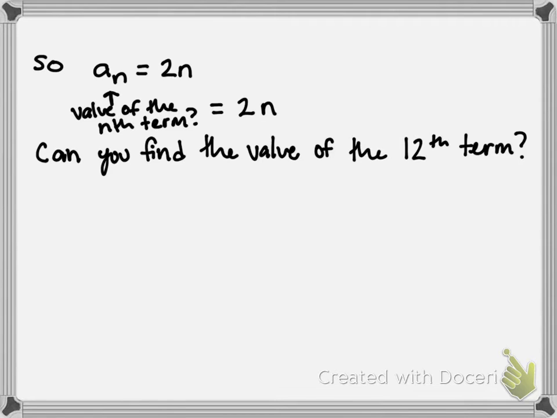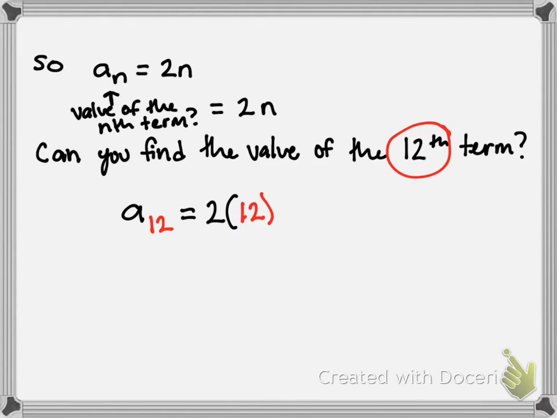So if I wanted to find the value of the 12th term, I'm going to take 12 and I'm going to plug it in where I see n. So the value of the 12th term is equal to 2 times n. And n in this case is 12.